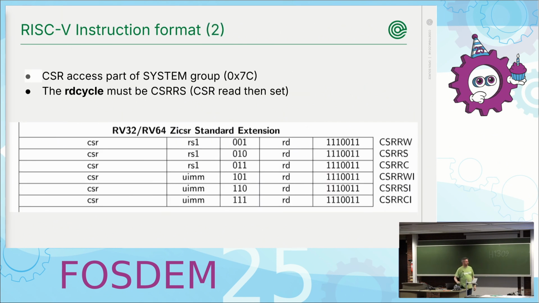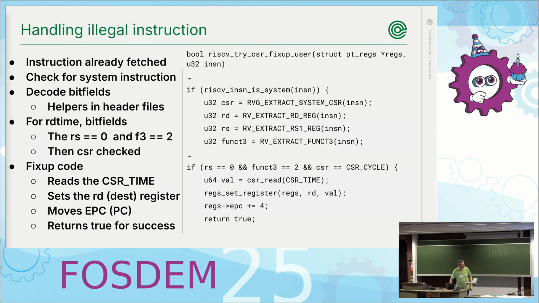So just as a dump, we're looking at the system group, which is the Zicsr extension, which gives you a whole pile of ways of getting at control and status registers, which read cycle is one of them. So you can do this CSR read, gets your register.